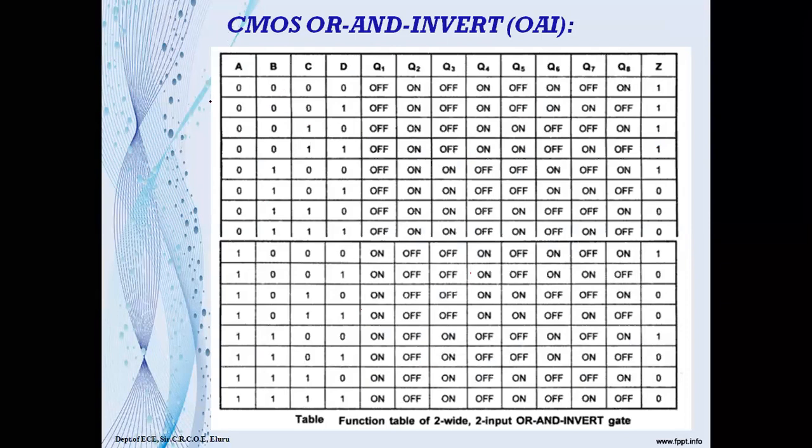For example, you have applied a combination of inputs 0 0 0 0. So according to the input of 0, the corresponding transistors may be turned on or turned off, and similarly for the B, C, D inputs also. So according to that, you will have an output of the logic function as 1 here.